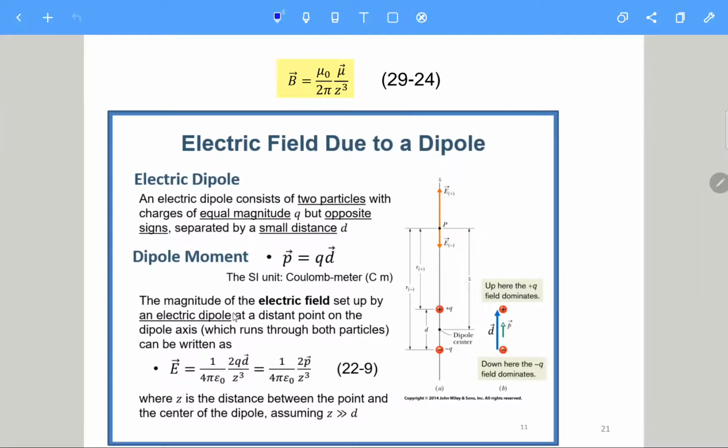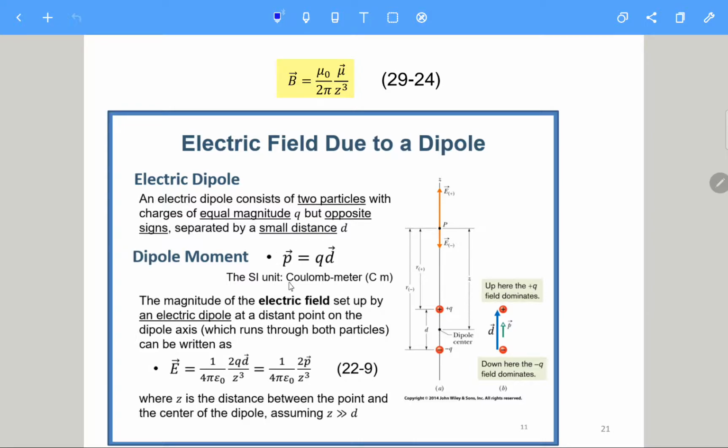If you don't remember, I have this one. If we have an electric dipole here, then the E field at this point will be this expression: 1 over 4 pi epsilon naught, 2p over z cube, where p is the dipole moment and z is the distance from the point to the center of the dipole.